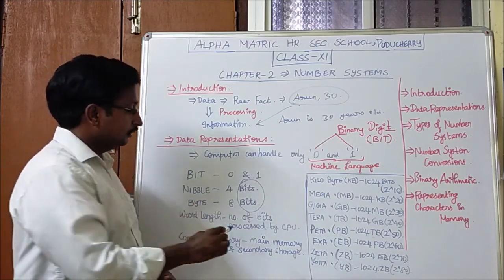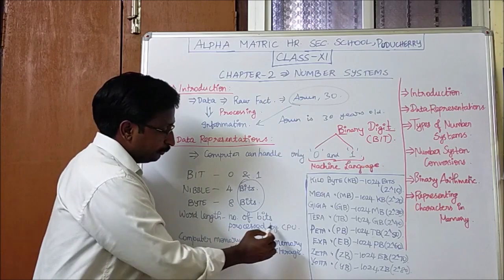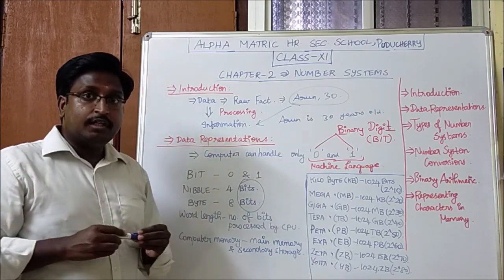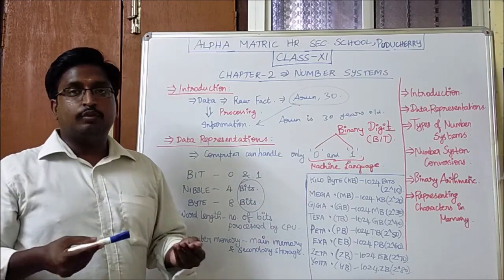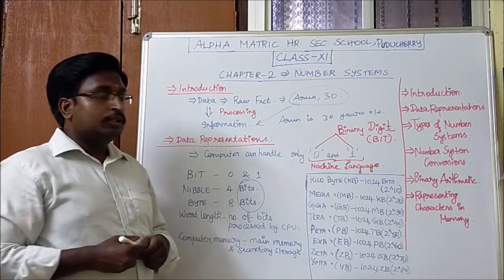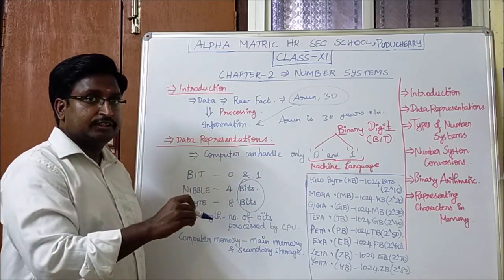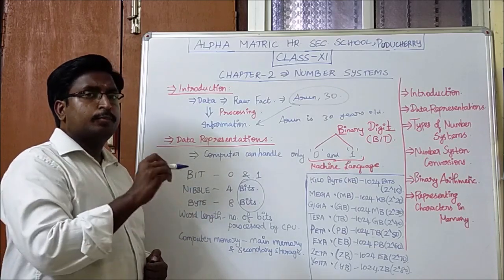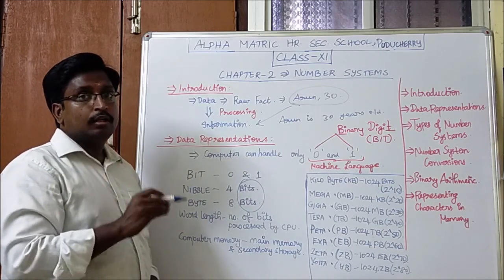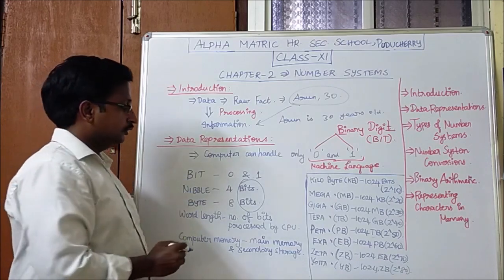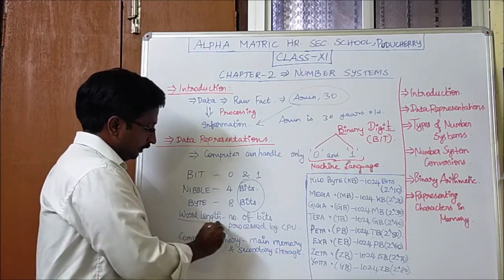Currently we are using 32 bits, 64 bits, as you might have heard. So it can process 32 bits at a time in an operation, or 64 bits in an operation. That is the meaning of word length.